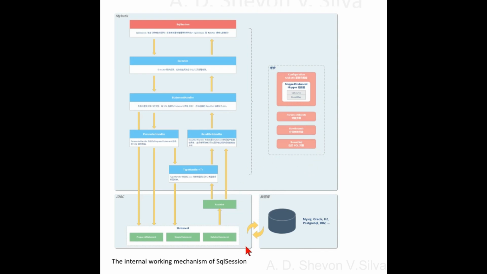And here SqlSession, executor, statement handler, parameter handler, type handler, result set, and configuration, MyBatis param object, row bounds, bound SQL are inside MyBatis, and here statement and result set are inside JDBC, and JDBC interacts with the database, here MySQL, Oracle, H2, PostgreSQL, DB2, etc.